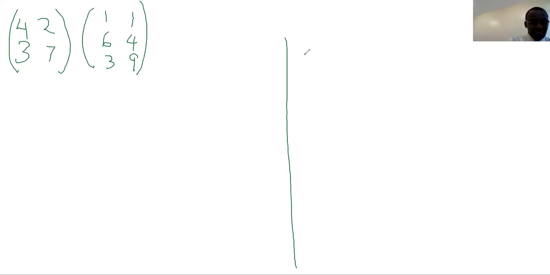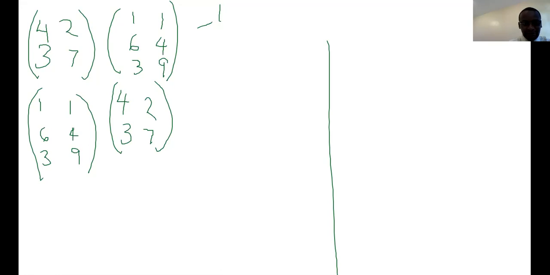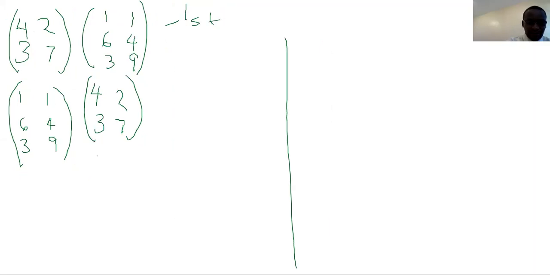What if I arranged these matrices this way? Are they compatible? Which arrangement is compatible? Is it the first or is it the second? This is the first. This is the second.